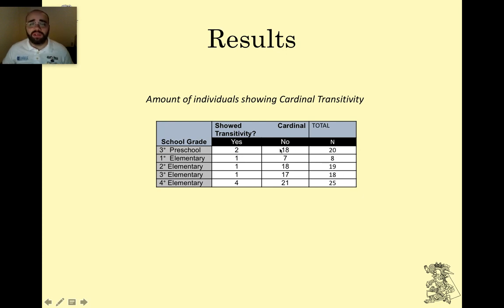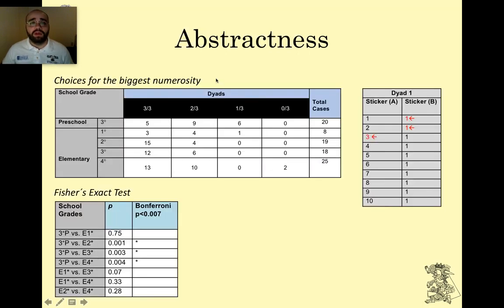So actually, independently of each of the groups that I had, most of them didn't show cardinal transitivity as I just showed you, and only these specific amounts actually did. So I could say that in most of them, inside of each group, cardinal transitivity does not exist as such in these specific grades.